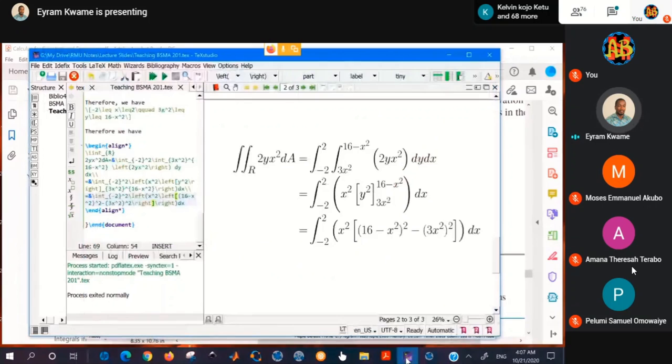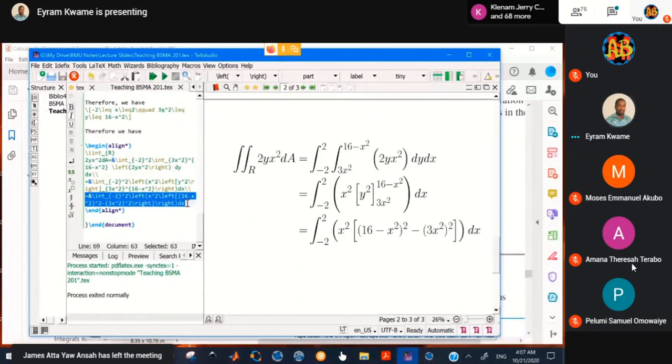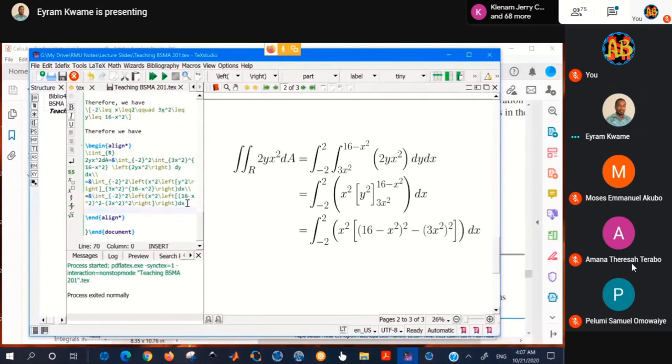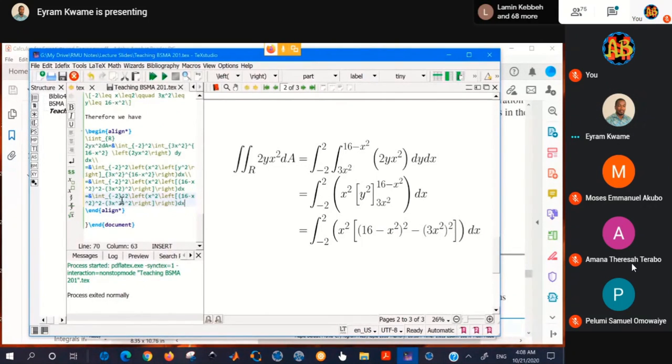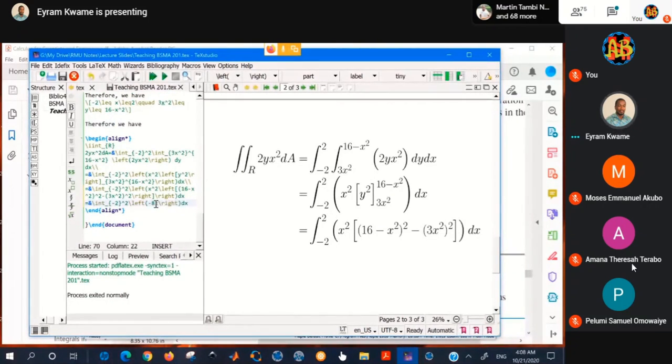So I'm integrating this, but within this bracket now, I have minus 8x6, minus 32x4, plus 256x squared.